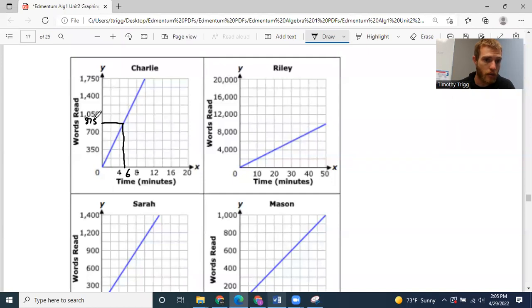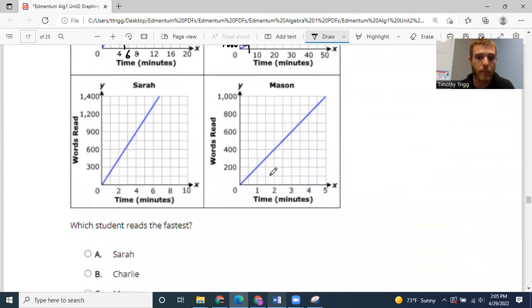So Charlie, in 5 hours, will read 875 words. What about Riley? In 5 hours, that's here. She would have read here, which looks about, so if this is 4,000, then this is 2,000. So she's looking at about 1,000 words, okay?